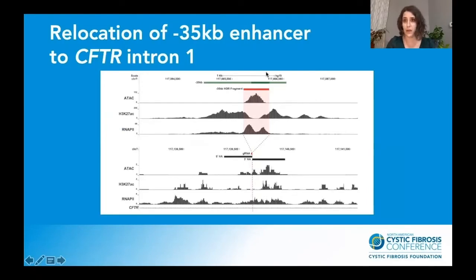Taking a closer look at this CRISPR-Cas9 homology-directed repair scheme, the fragment that we are inserting into intron 1 encompasses the main ATAC peak of open chromatin for minus 35 kb, and it also contains the sequence that has the highest enhancer activity as measured by transient luciferase assays in 16-HBE cells. And we've inserted that into intron 1, which doesn't have any open chromatin or H3K27 acetyl or RNA Pol II enrichment.